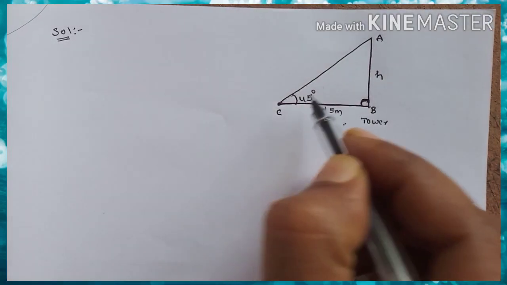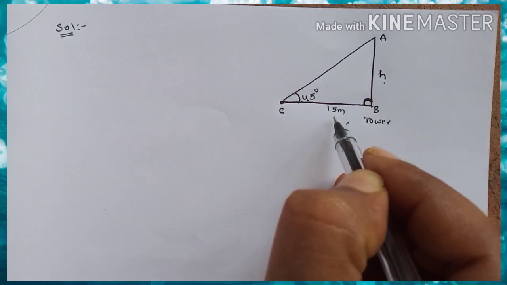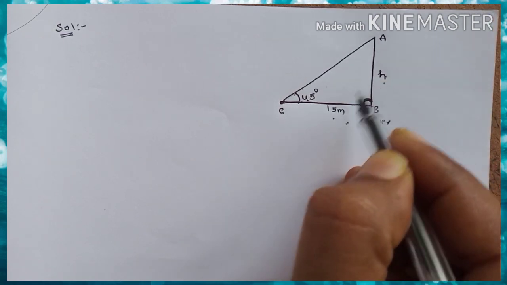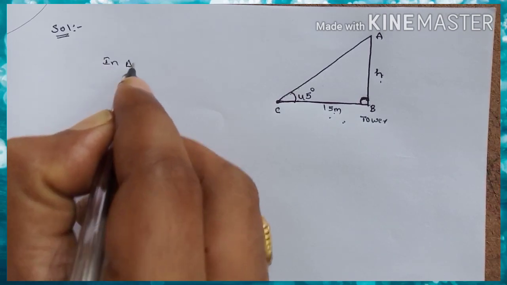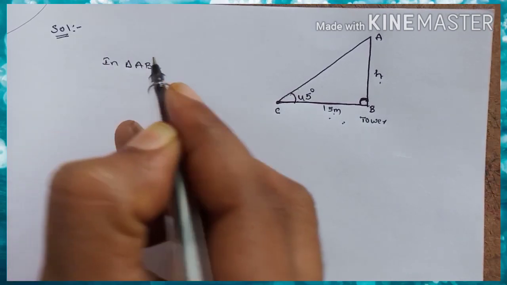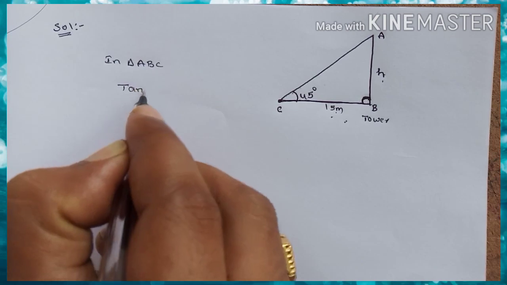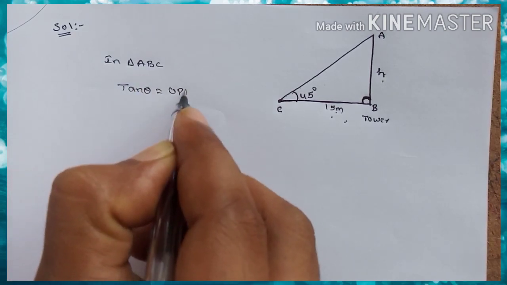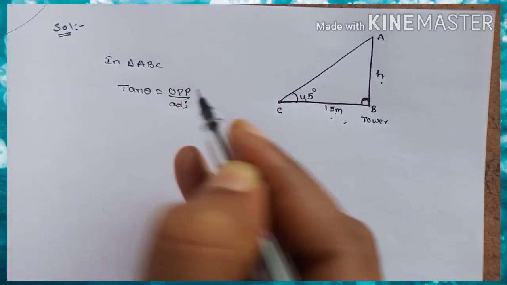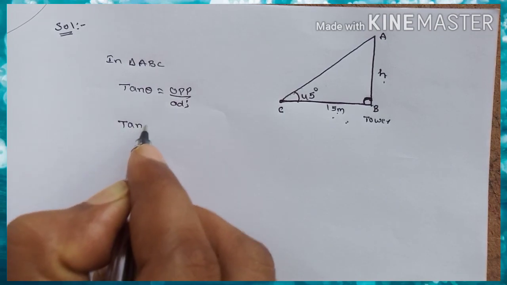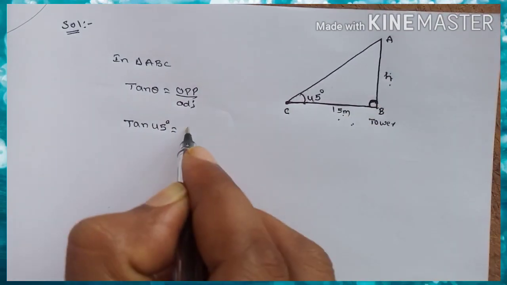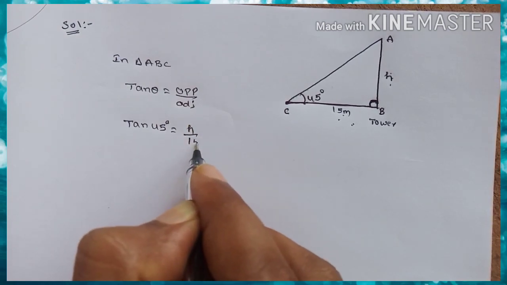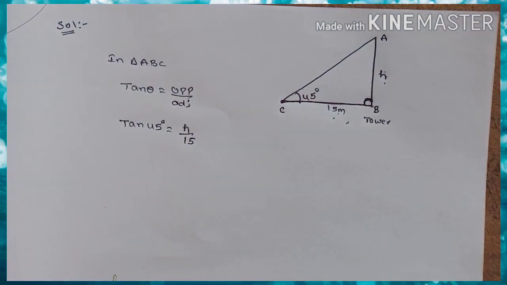For this angle, this is the opposite side and this is the adjacent side. We know the opposite and adjacent relation is tan theta. So in triangle ABC, we can apply tan theta equals opposite side by adjacent side. Theta is 45, opposite is h, adjacent is 15.